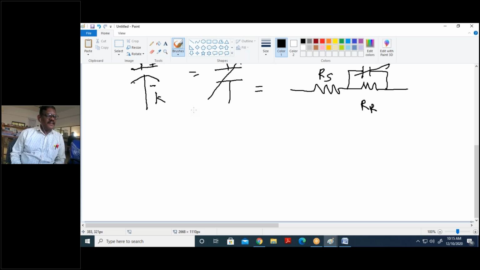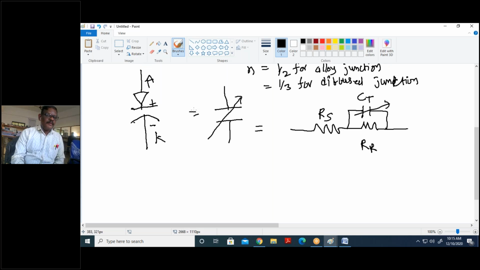If you increase the reverse voltage, capacitance will decrease. In this diode, the variation of capacitance is controlled by the method of doping in the depletion layer, or the size and geometry of diode construction.